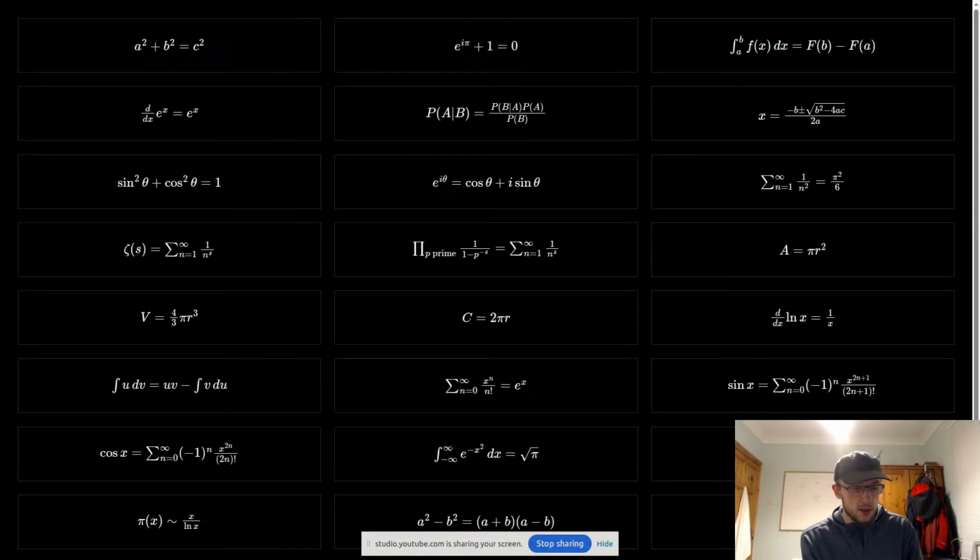Now, there are some other properties of binomial coefficients to know about, and I'll just say some of them.